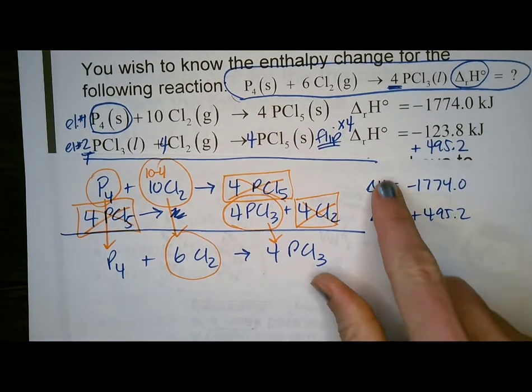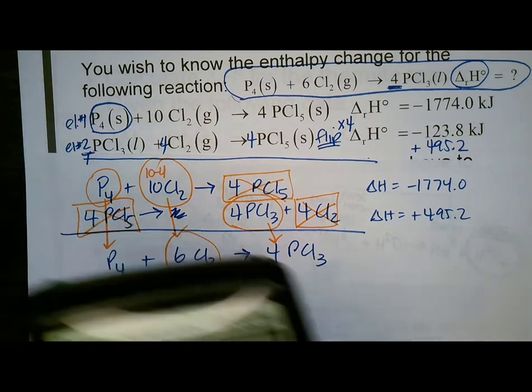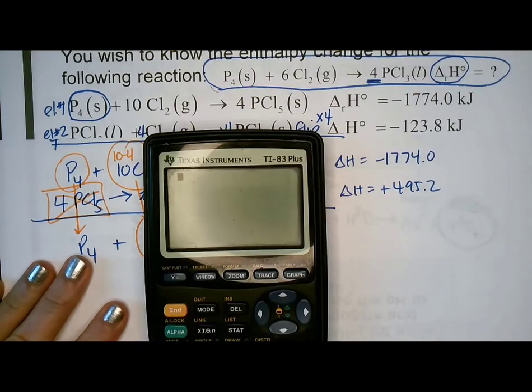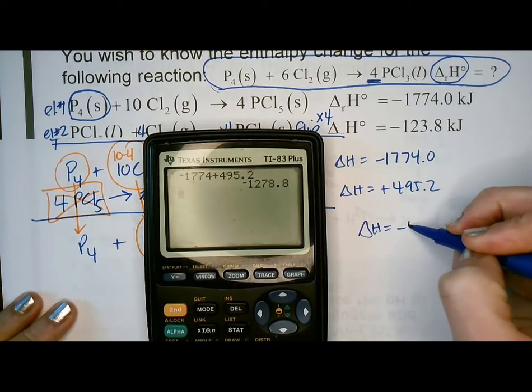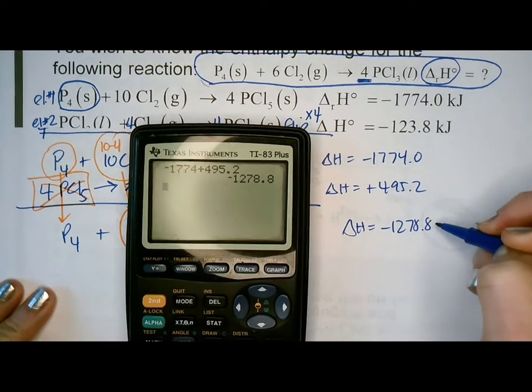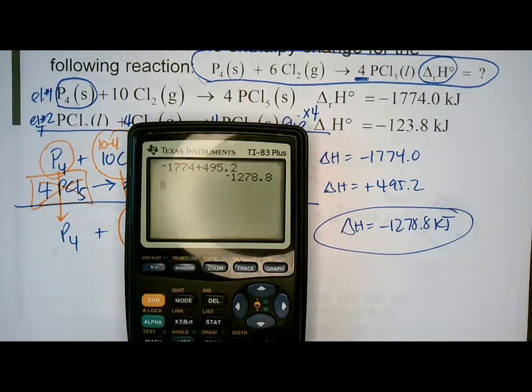So now we just need to sum up, because Hess's Law said we can sum up our delta H's. So I'm going to do negative 1774.0 plus 495.2 to give me a delta H of negative 1278.8 kilojoules.